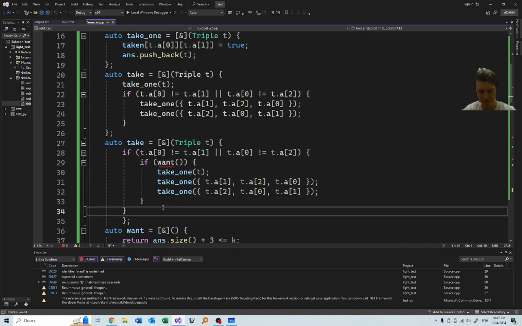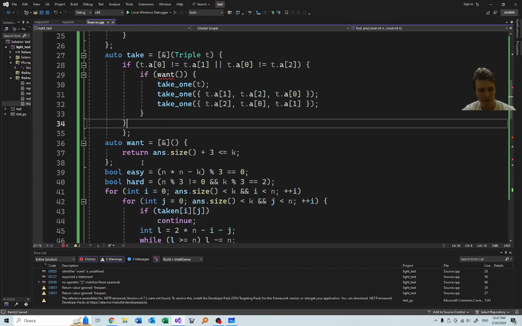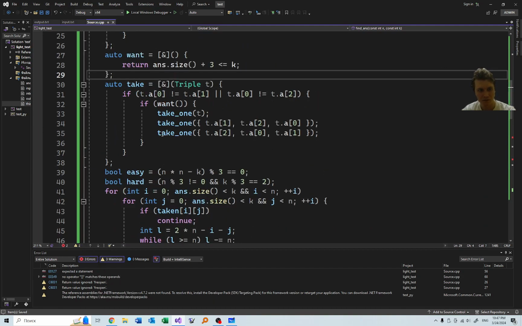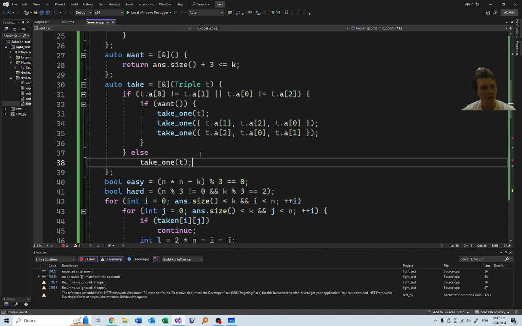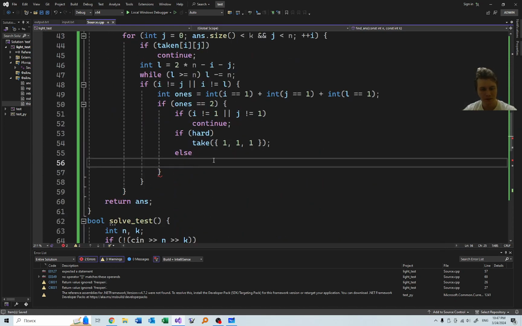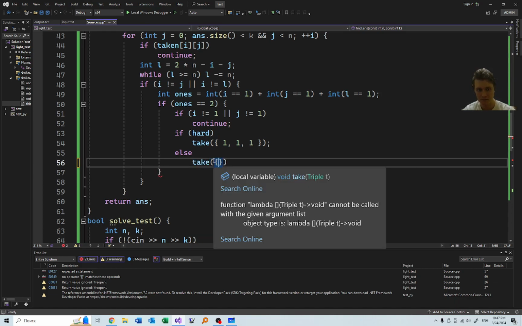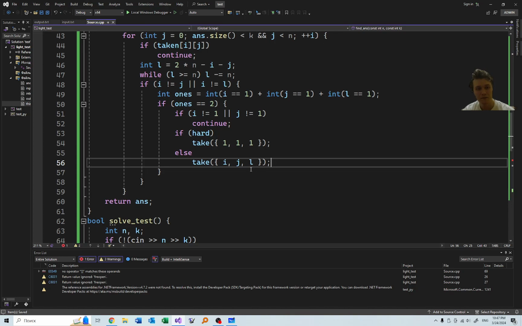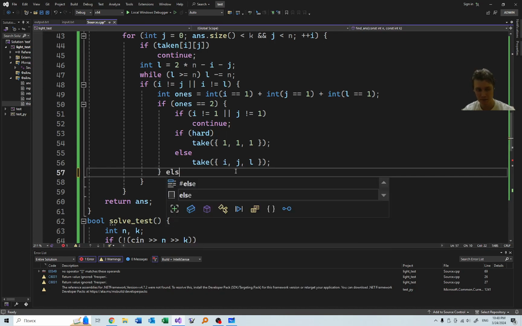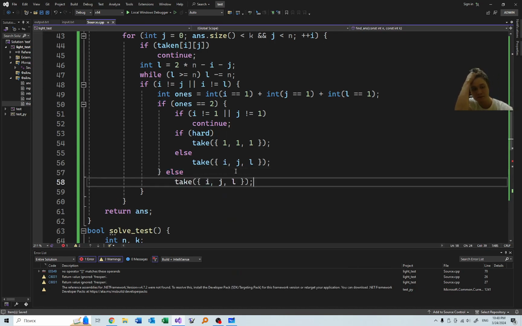So if we want, we take, else we just take one. And here we also take IJL.